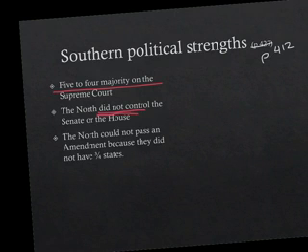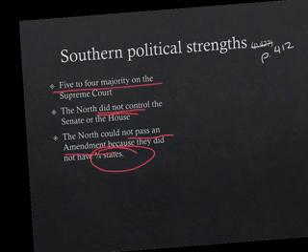Therefore, there's very little chance of any legislation being passed that would be anti-slavery. And so the only way that you could abolish slavery if you were the North, the only constitutional way that slavery could be abolished is to pass an amendment. And in order to pass an amendment, you need 3/4 of the states.